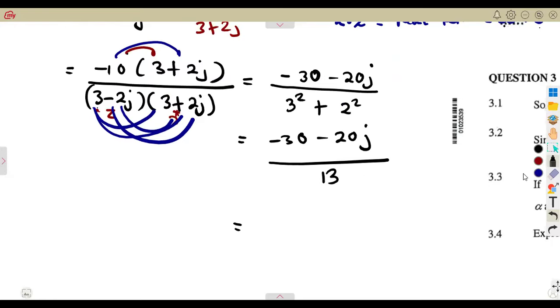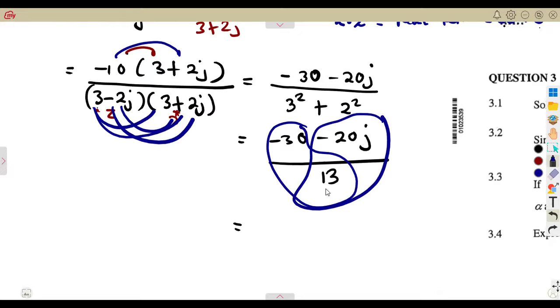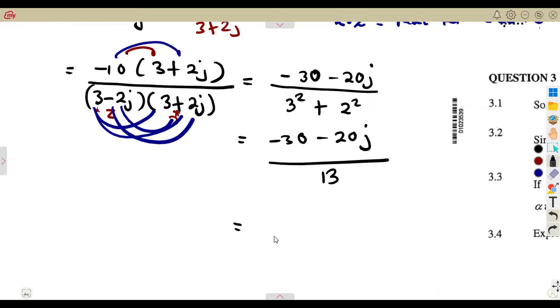So the real term, we're just going to separate this denominator with minus 30. This one we also separate by 13. Minus 30 over 13, minus 20j over 13. It is the common denominator of these two. So you can write it as minus 30 over 13. The remaining part as minus 20 over 13j.